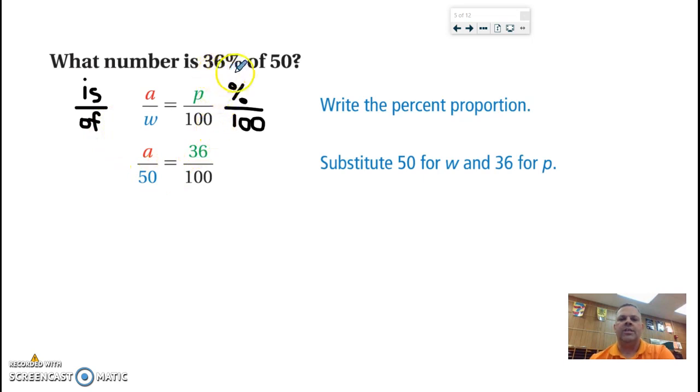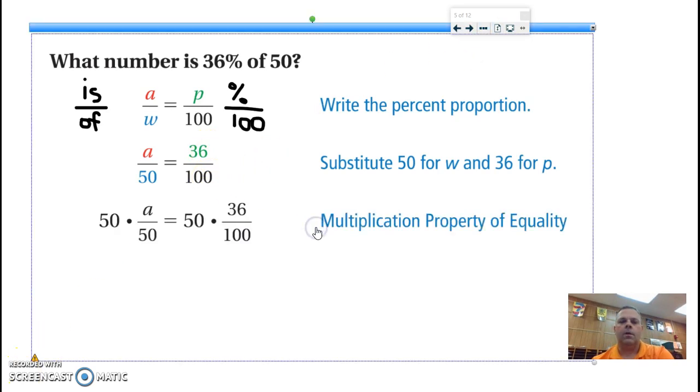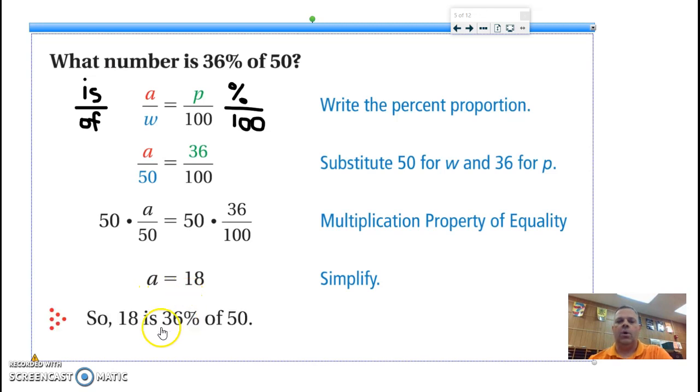We know that 36% can be written as 36 over 100. We multiply 50 times 36, and then we will divide by 100. When we multiply 50 by 36, we get 1,800. We then divide by 100, and we get A equals 18. So 18 is 36% of 50.